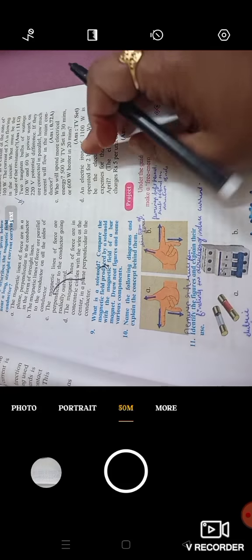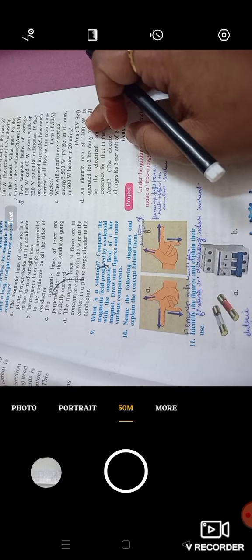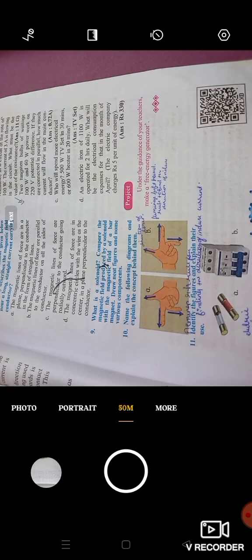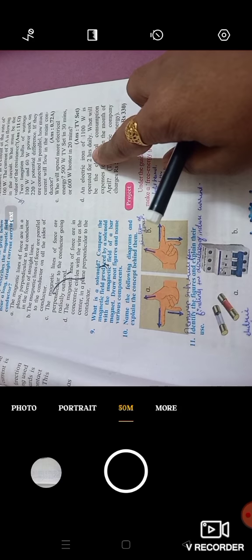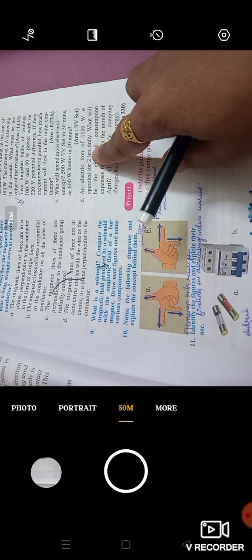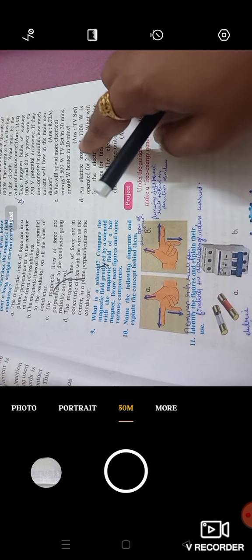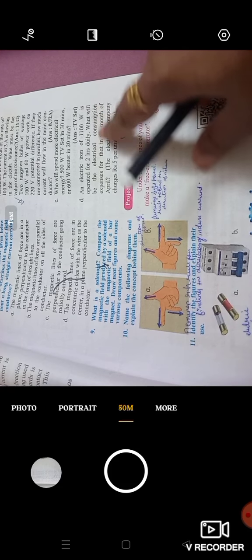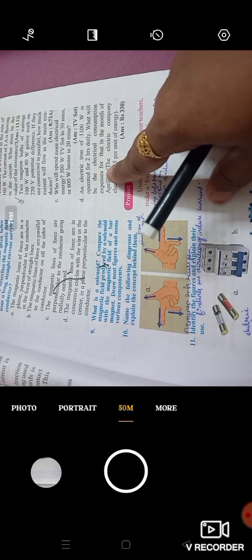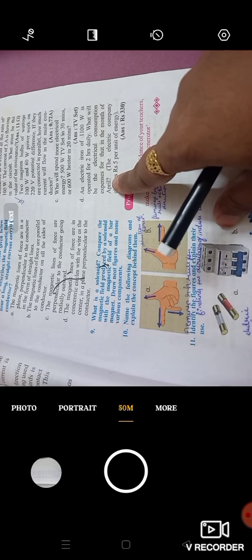Okay, there is an electric iron whose power is given as 1100 watt and it has been used every day for 2 hours. So because of this electric iron, what is the electrical consumption expense? And the month is also mentioned.